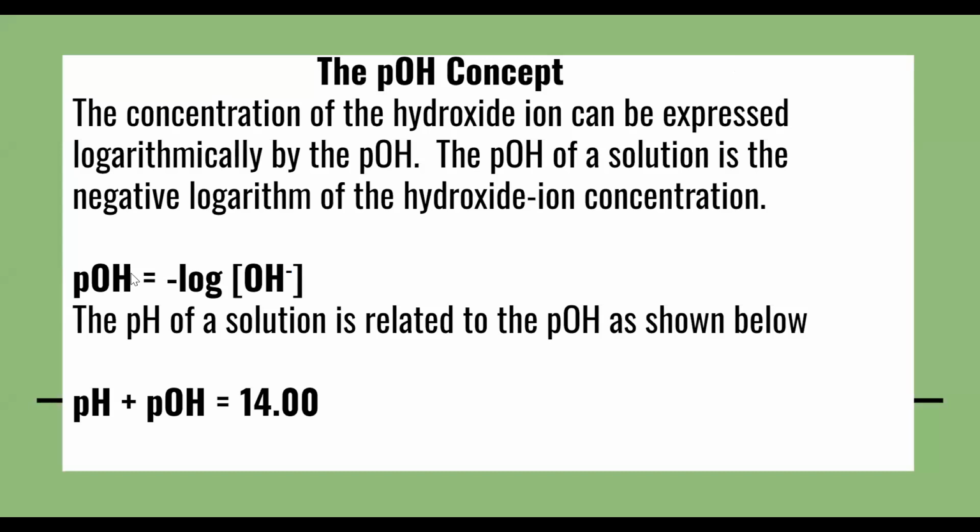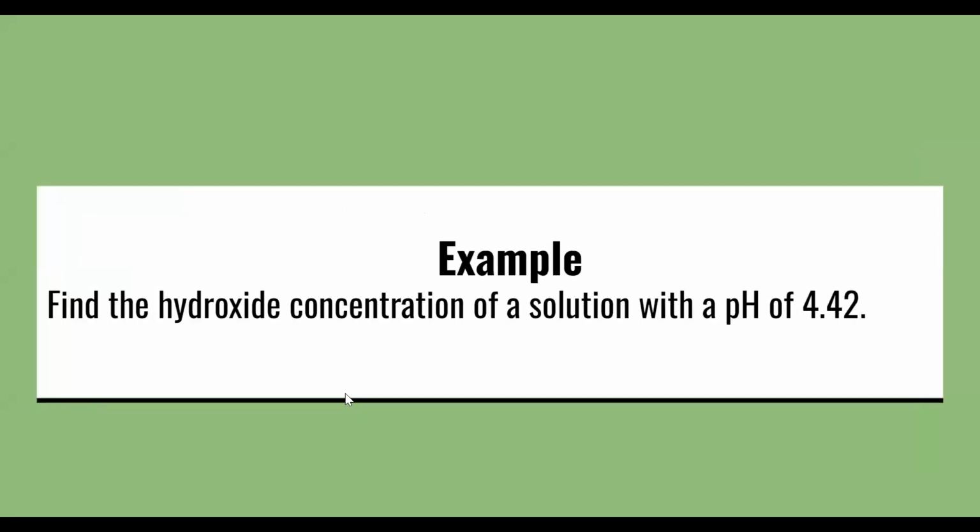So the pOH equals negative log of hydroxide ion concentration. Remember, pH is a negative log of hydronium ion concentration. So the pH of the solution is related to the pOH as shown below. pH plus pOH equals 14.00.